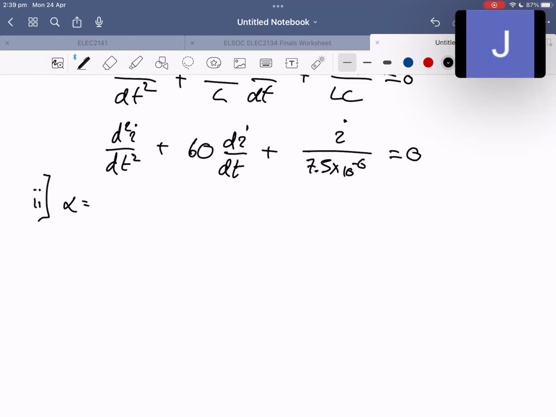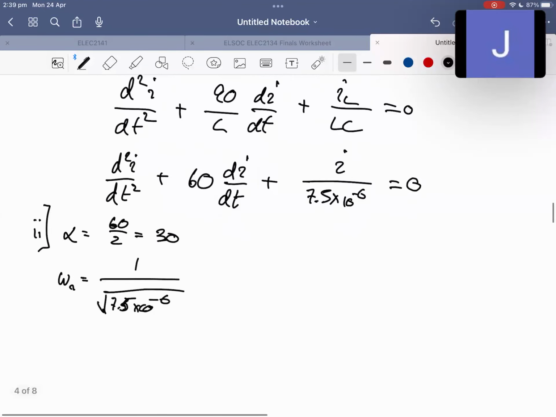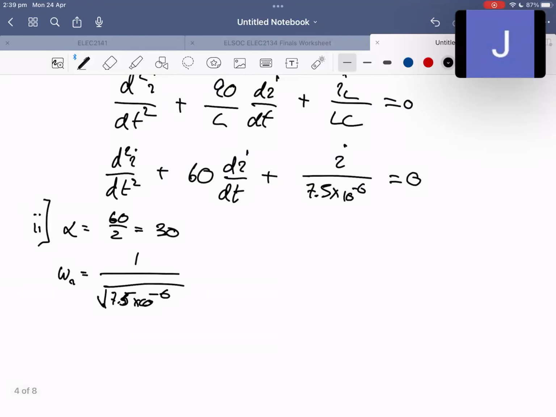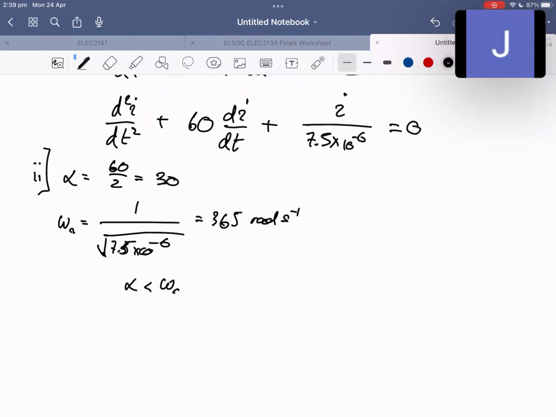So alpha is half of 60, which is 30, and omega n is the square root of the last constant, so 1 over root 7.5 times 10 to the minus 6, which is about 365 radians per second. Since alpha is less than omega n here, we have an underdamped solution.